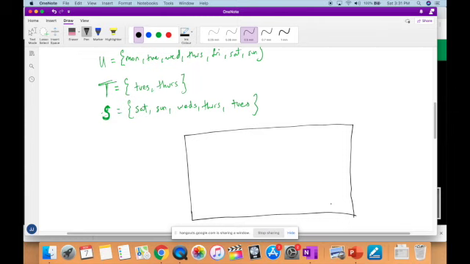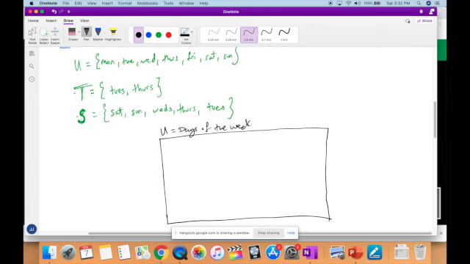So U is the set of days of the week, and this has everything in it. You're telling me that the entire set T is inside S. Are there any elements in set U that are not in T or S?